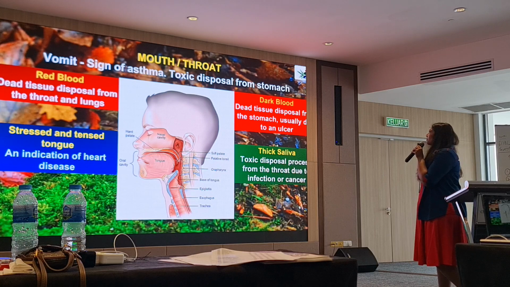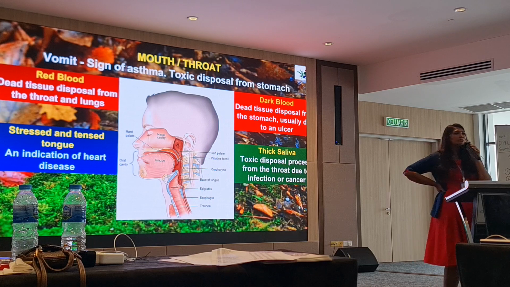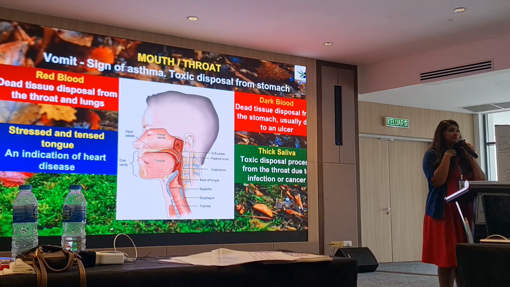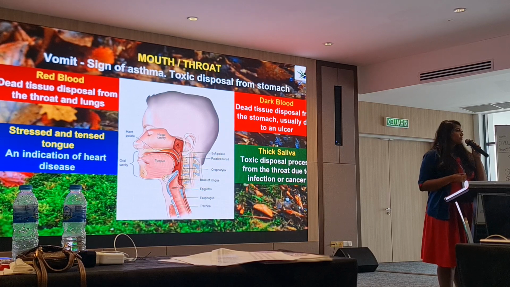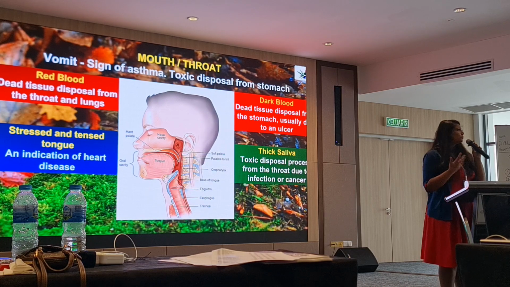Okay, now for red blood, it means dead tissue disposable from the throat and lungs. So some people will have inflammation of the throat. When they start RTGL, we are trying to clear the bacterium or something that is trapped, irritation of the throat. You start to cough a bit more. So there's also high chances, not necessarily toxin removal, but you have scarring of the throat, our mucosa membrane layer, because you cough too much.